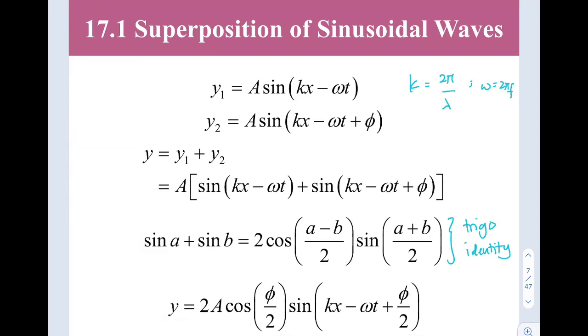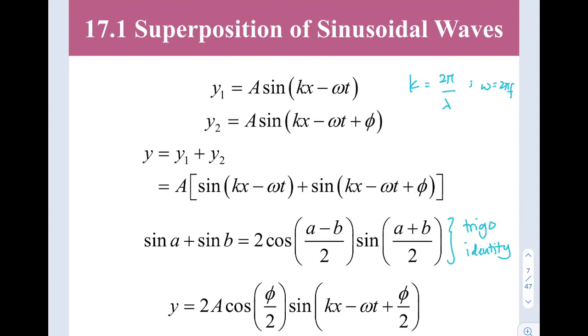This result has several important features. The resultant wave function y is also a sinusoidal wave function. It has the same angular frequency and wavelength, coming from 2 pi over lambda, that appear in the original wave functions.